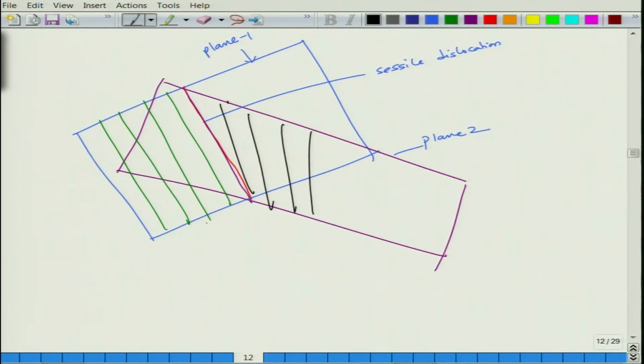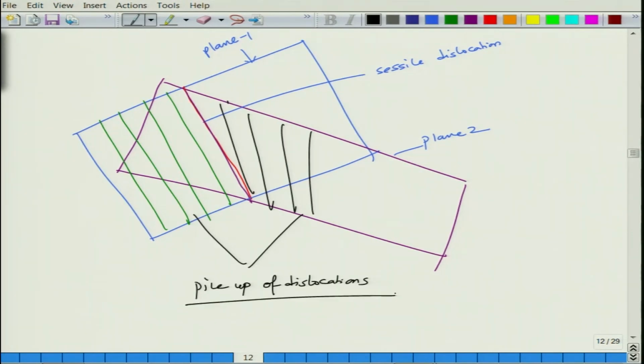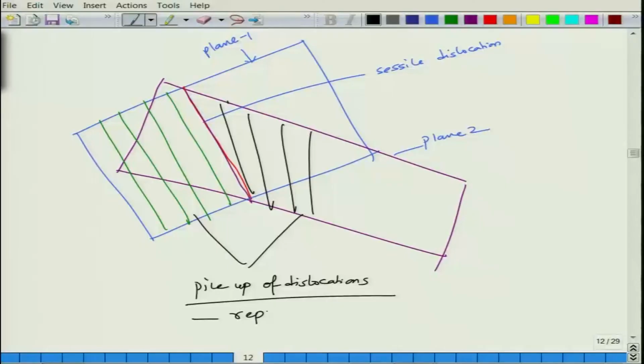So, basically you create a pile up of dislocations, and pile up of dislocations is going to lead to another thing. If they are all similar kind of dislocations, if they have similar signs, that means there will be repulsion between dislocations.